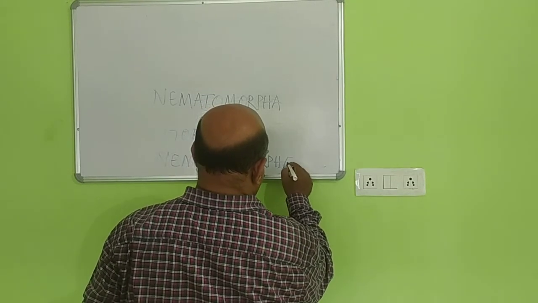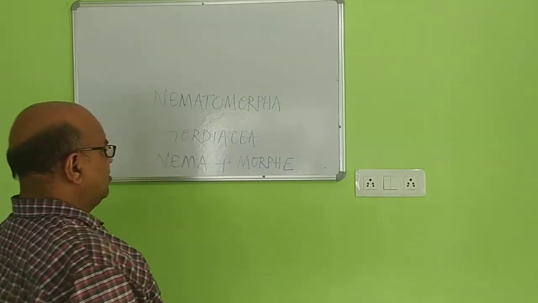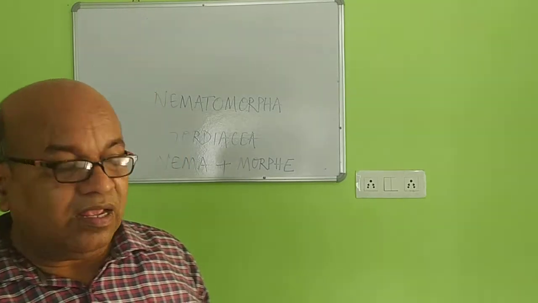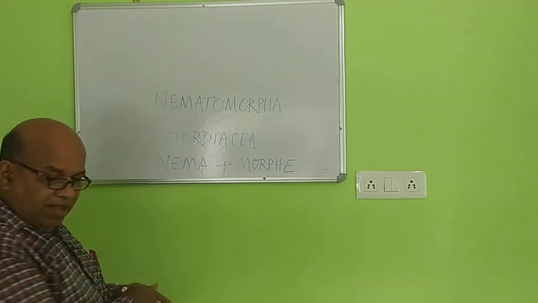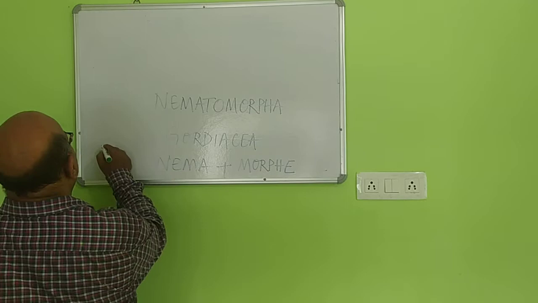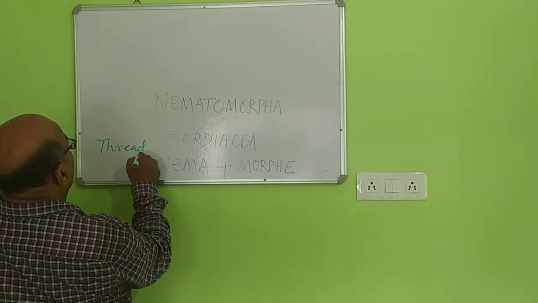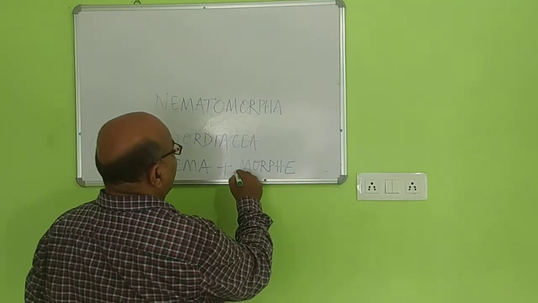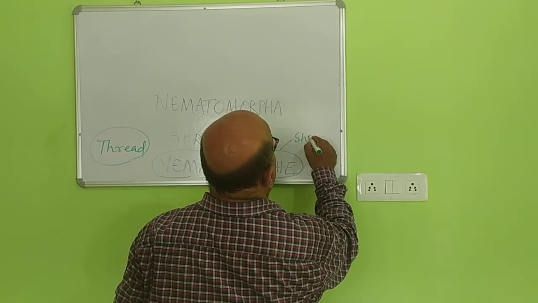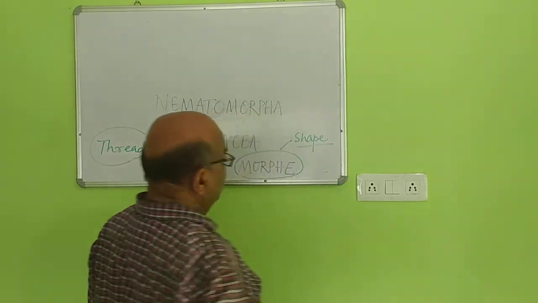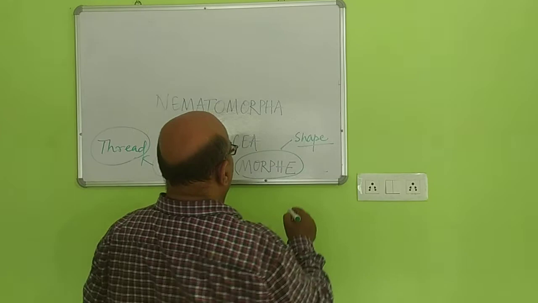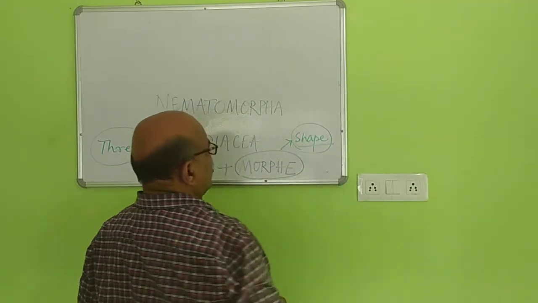Nema means thread, T-H-R-E-A-D. Morphe refers to shape, S-H-A-P-E. Nema means thread, Morphe means shape.